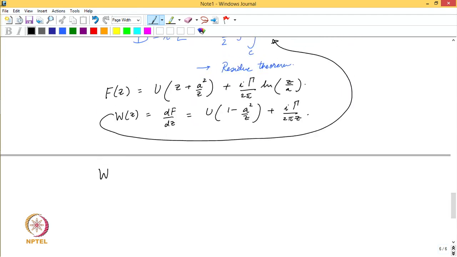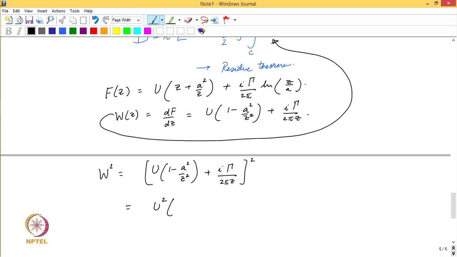So, what is w square? It would be u times 1 minus a square by z square, plus iota gamma by 2 pi z, this whole thing squared. Let us expand this.